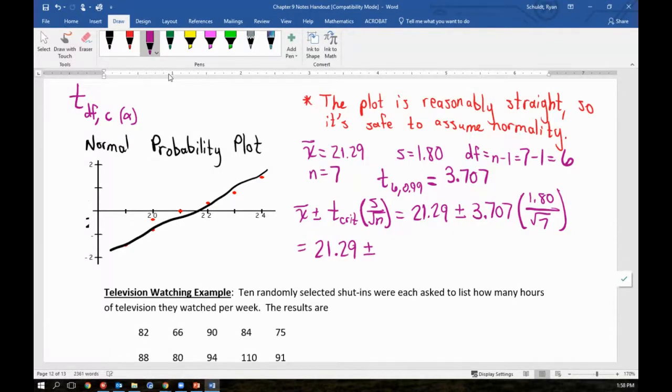To 3 decimal places, what do you get for your error bound? 2.522.